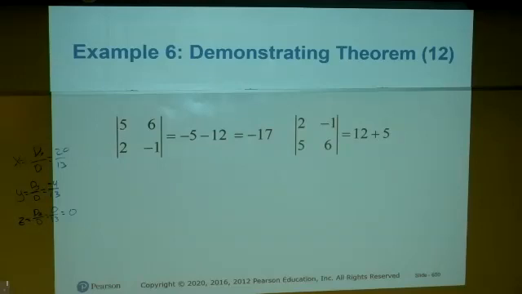So instead of 5 times -1 subtracting the 2 times 6, now it's the 2 times 6 subtracting the 5 times the -1, which is 12 plus 5. So the subtraction's going the opposite direction is what happens.